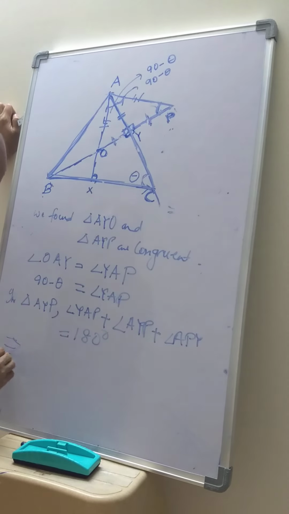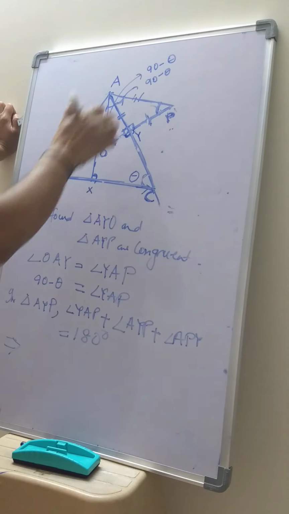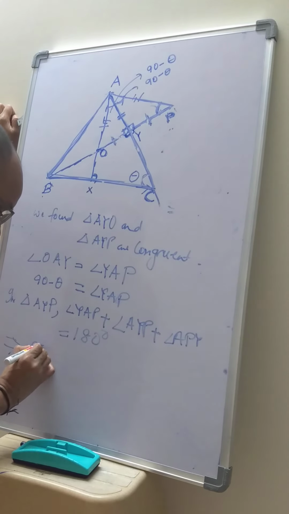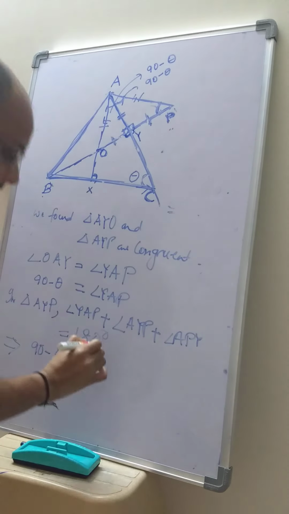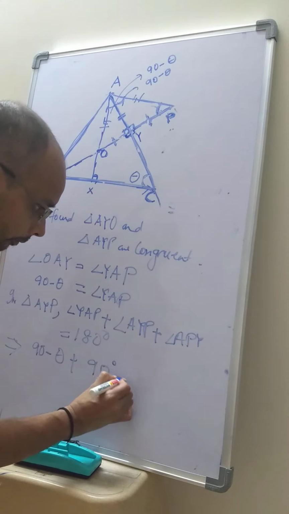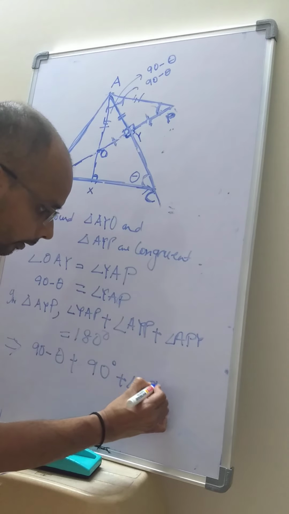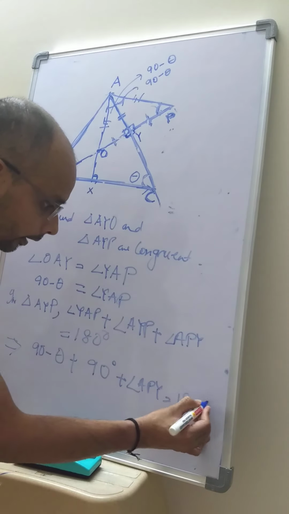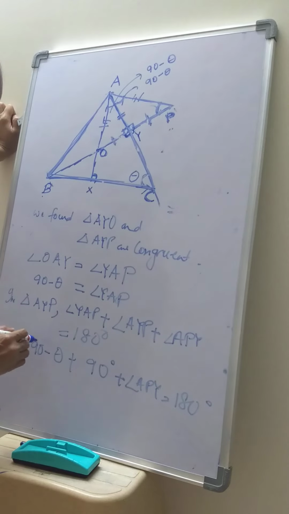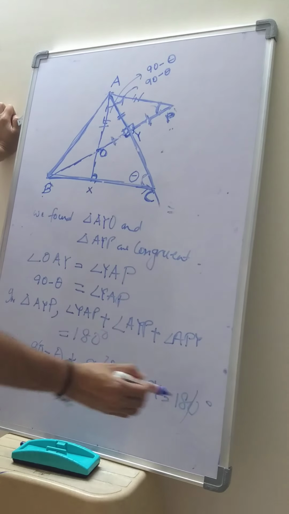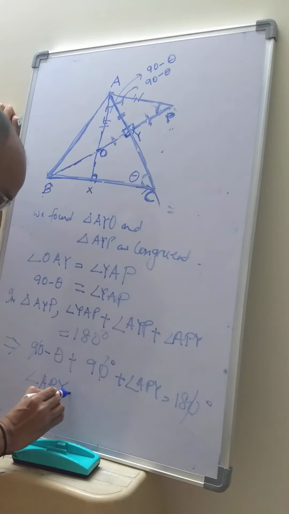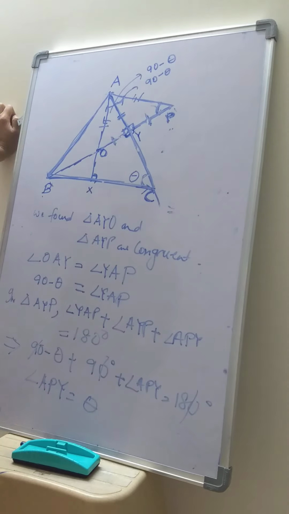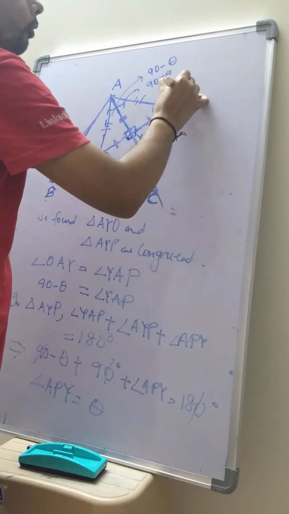When you substitute the values, YAP is 90 degrees minus theta, AYP is 90 degrees, and angle APY makes 180 degrees. Now the 90 and 90 will cancel out against the 180, so what will remain? Angle APY is equal to theta. So you will find that this angle is also theta.